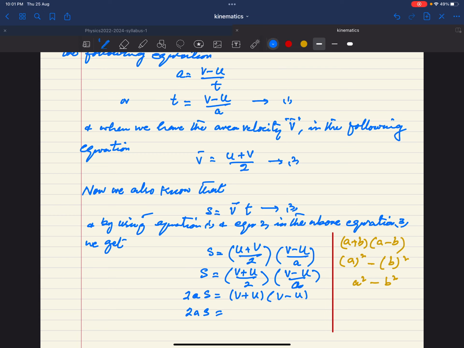So the same formula you can use here. So you can write V whole square minus U whole square, and ultimately 2AS is equal to V square minus U square.